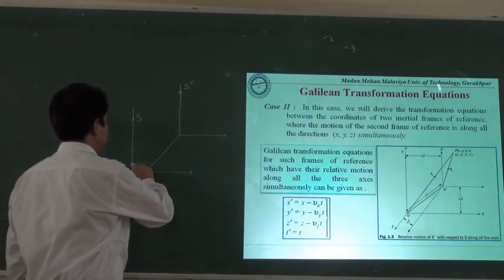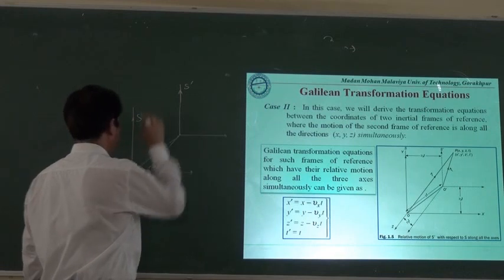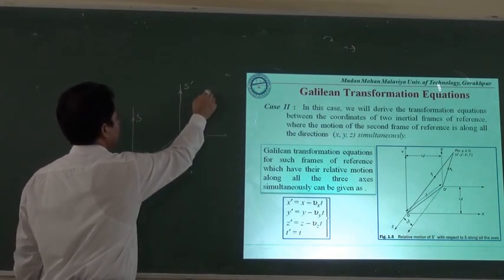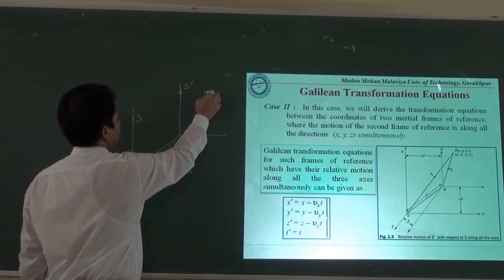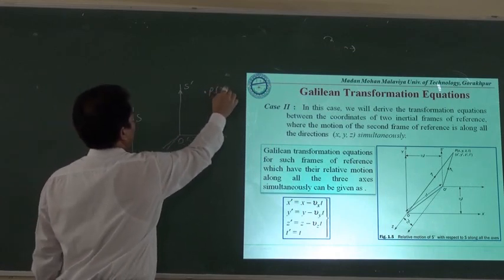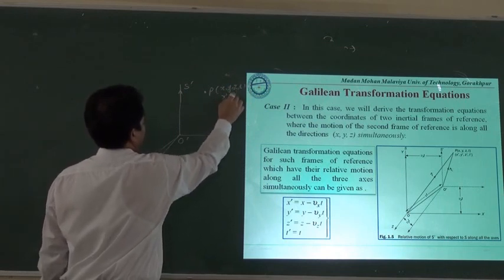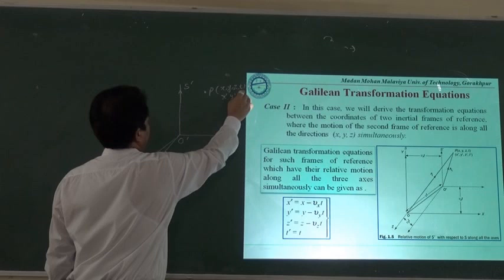Now these two points correspond to O and O dash, and if point P is here, then again we will have X, Y, Z and T, and X dash, Y dash, Z dash and T dash.